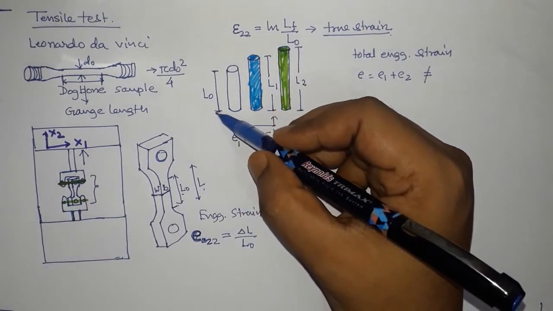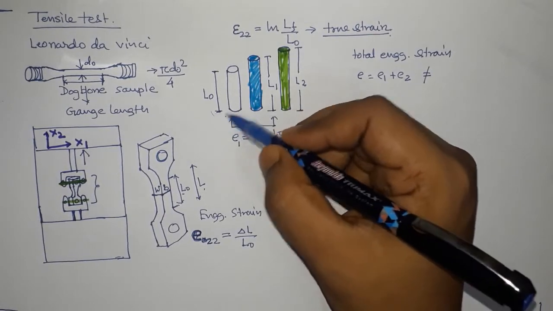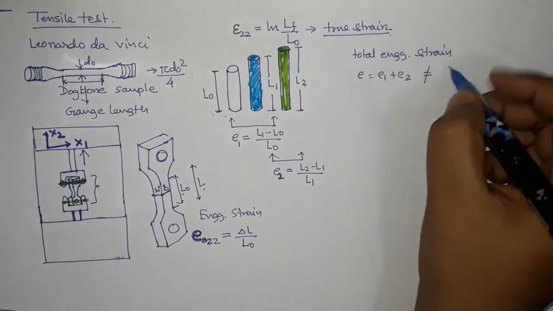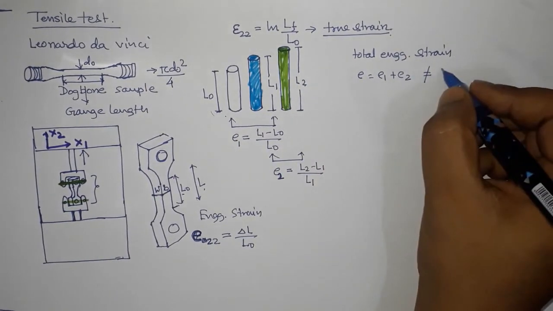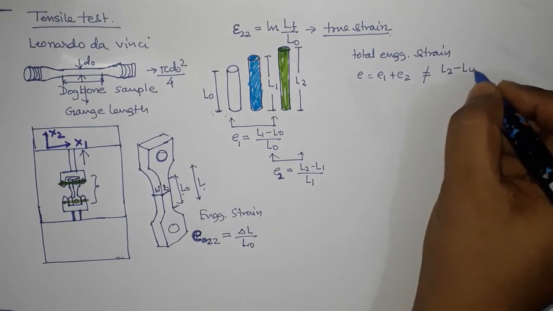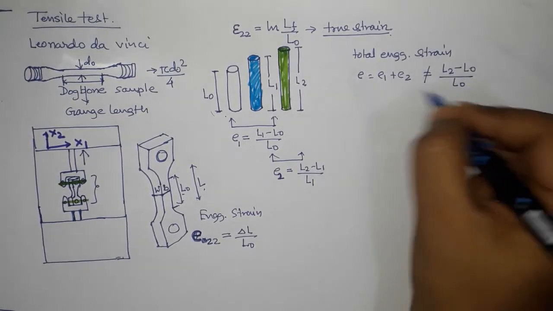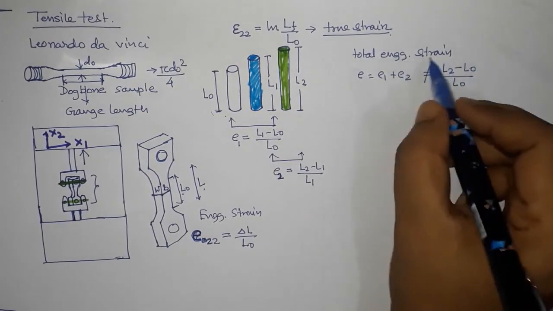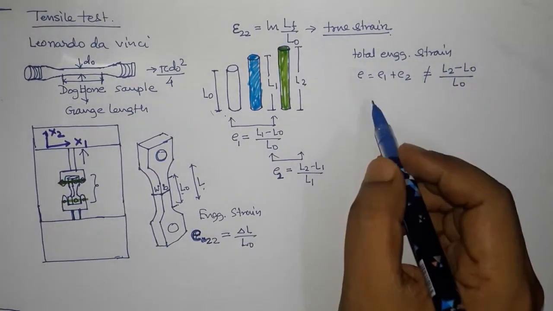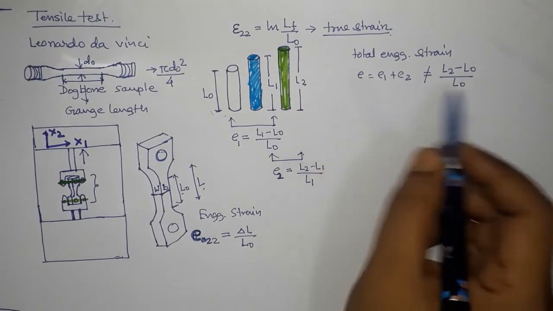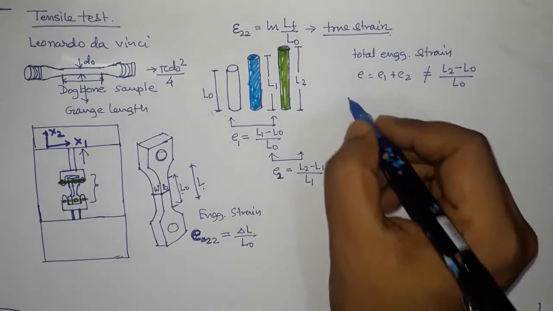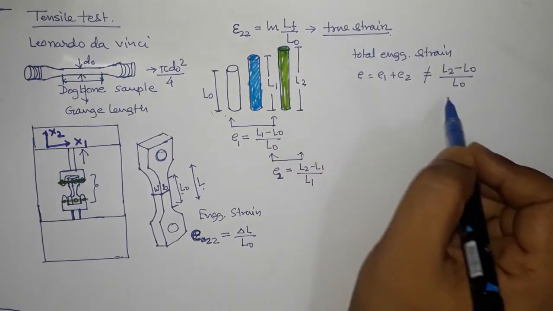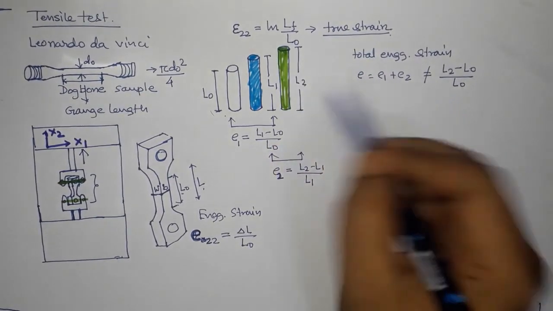If you measure the engineering strain taking L0 as the initial value and L2 as the final value, you should actually get L2 minus L0 by L0, but you will not get it by adding these two, right? So the engineering strain concept fails here to allow a continuation of summation. But if you do the same thing with true strain, you will see that true strain converges here. It doesn't fail, it follows the concept.